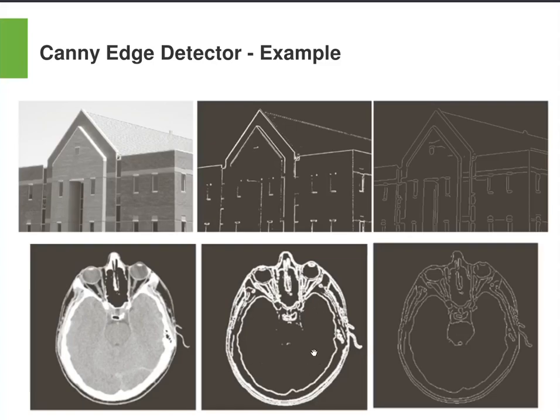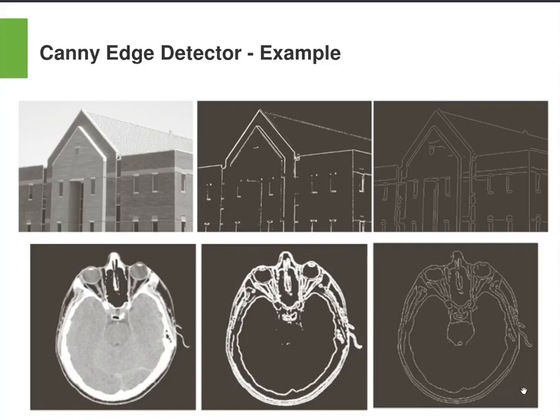But if we do canny edge detector and if we follow all the procedures, these are the results that we get. As you can see, we have a much better representation of the edges. Of course, all the information about the direction and the strength of the edges are lost in the result of canny edge detector.